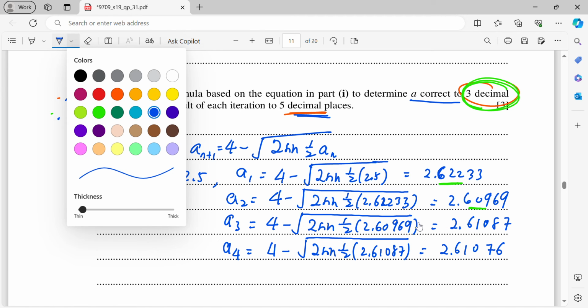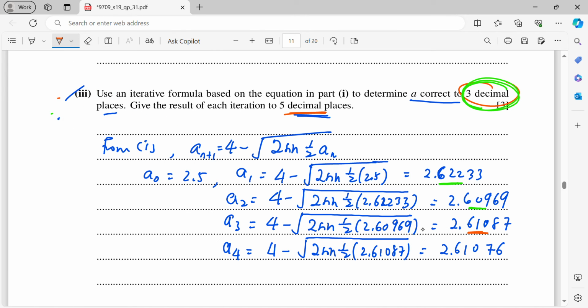So now these 3 are the same. The final answer depends on the next value. Since this is greater than 5, we round up. So my a is approximately 2.611. That is my a value.